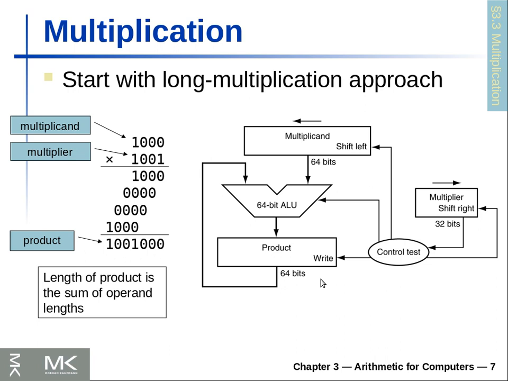It cannot be contained inside a 32-bit number. So when you are doing multiplication, your product or your final answer does need to be twice the length of your multiplicand and your multiplier. Although the rest of this, as we'll see in a little while, doesn't have to be 64-bit, we're going to leave it 64-bit because I think this is a lot simpler.